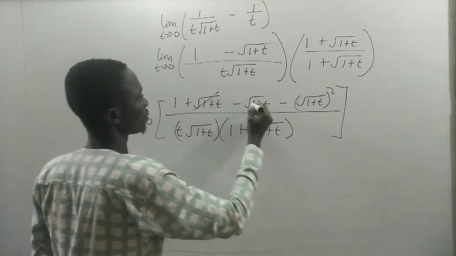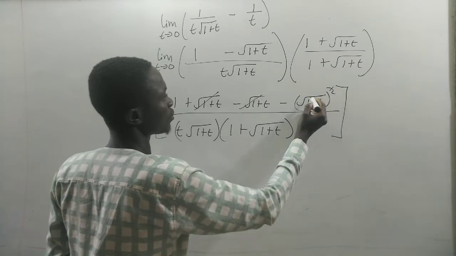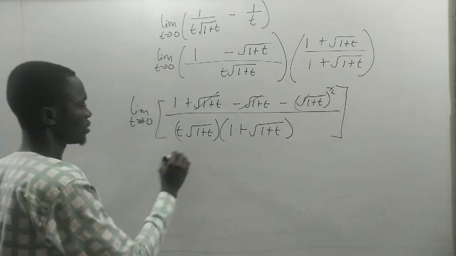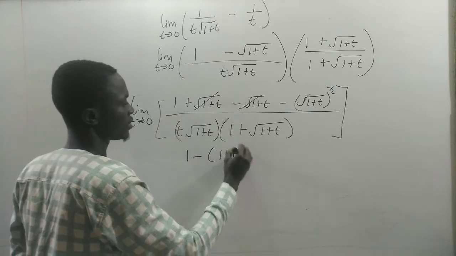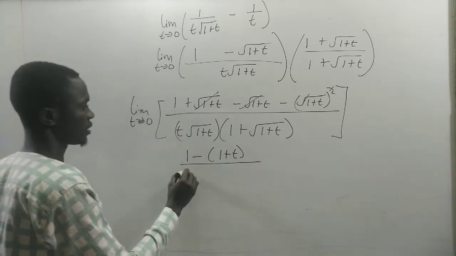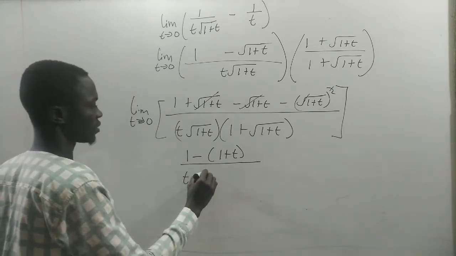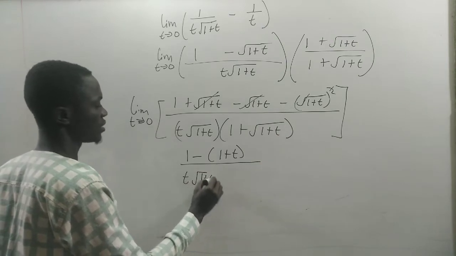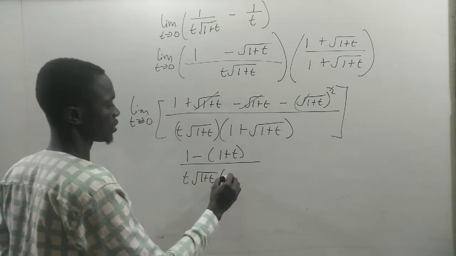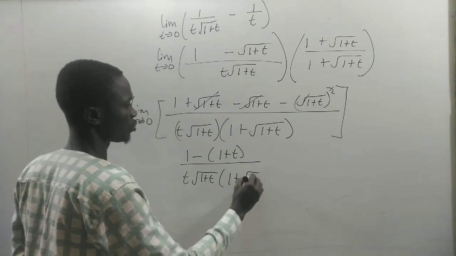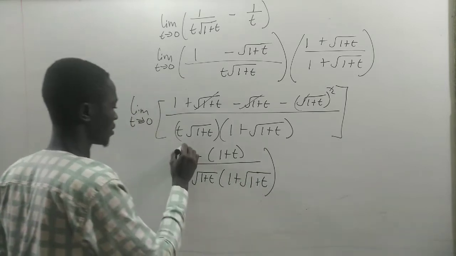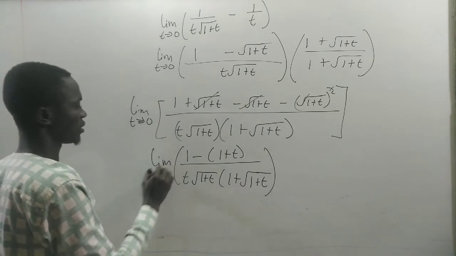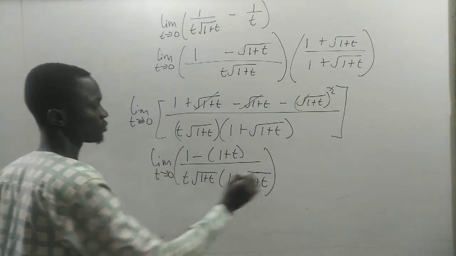So here this one will cancel this, the square will cancel the square root, and we have 1 minus 1 plus t divided by t times square root of 1 plus t times 1 plus square root of 1 plus t. We have the limit as t approaches 0.